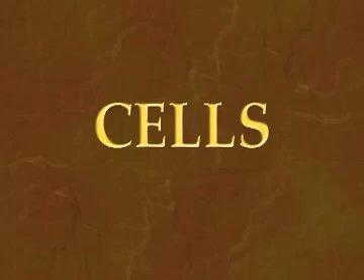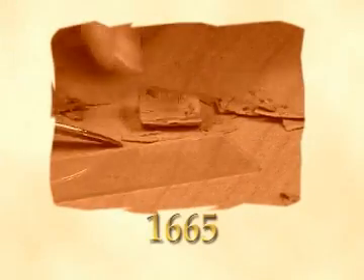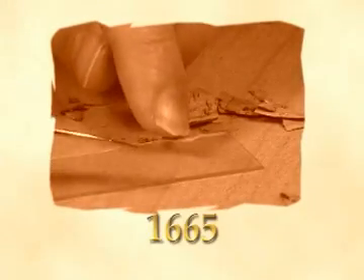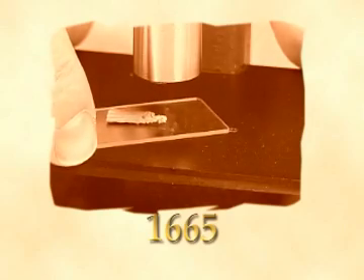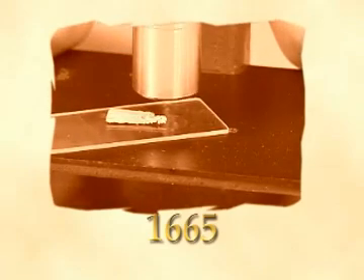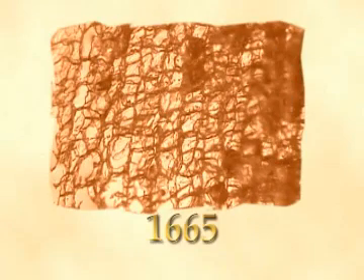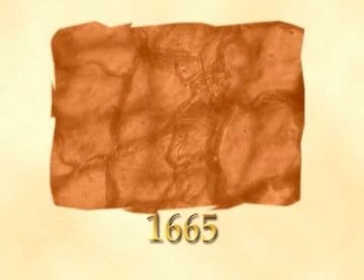In 1665, a scientist by the name of Robert Hooke discovered cells when he observed a thin slice of cork through a microscope. The tiny walled spaces he saw in the cork reminded him of tiny rooms, so he called them cells.